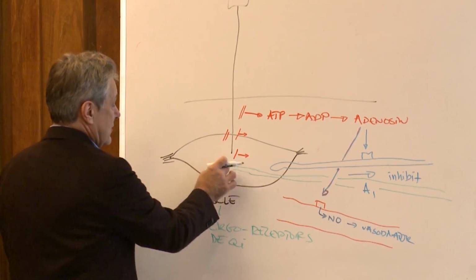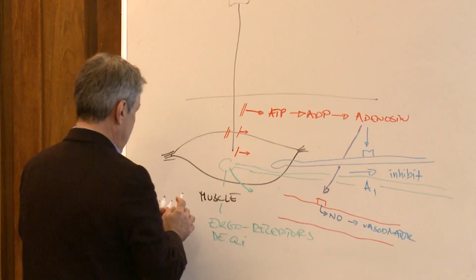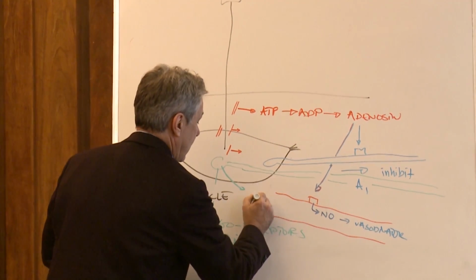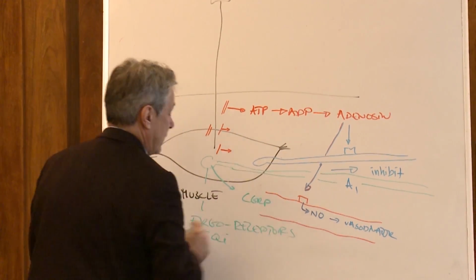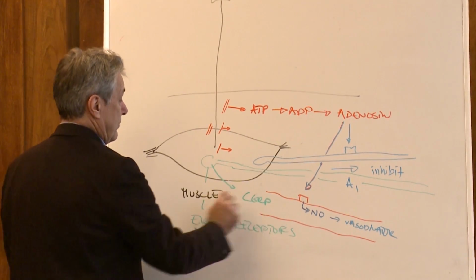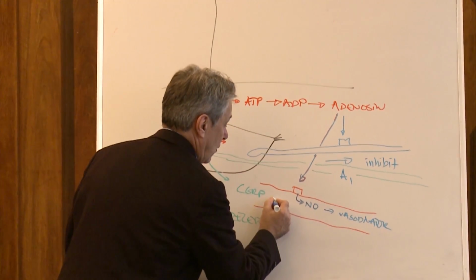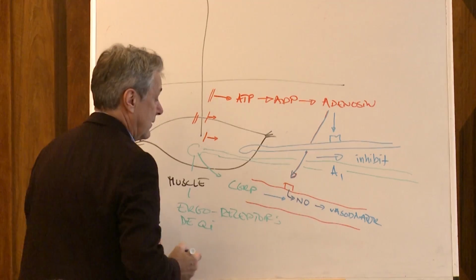And from these receptors, there is release of another compound called CGRP. So what you will find here is that you're having a release of CGRP, and that is calcitonin gene-related peptide. And calcitonin gene-related peptide is also a very potent vasodilator.